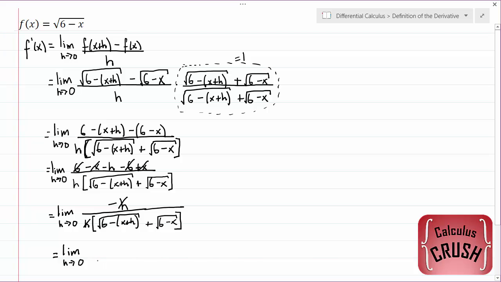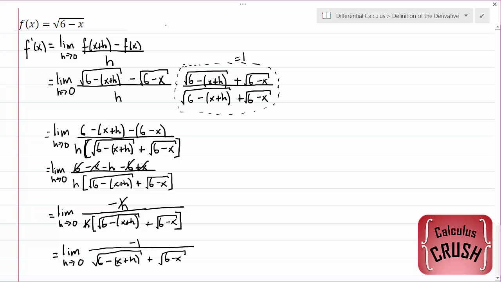Once again, on the bottom, well, now we don't have the h. All we've got is the square root of 6 minus x plus h, plus the square root of 6 minus x, and that's all divided by minus 1.